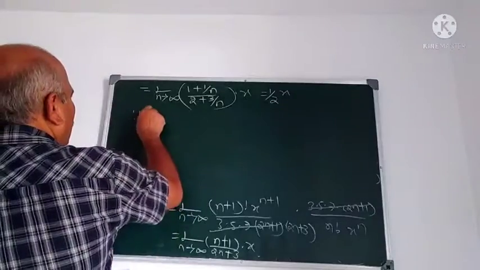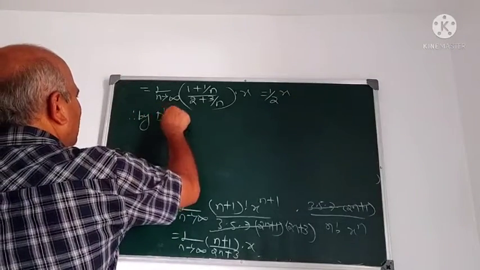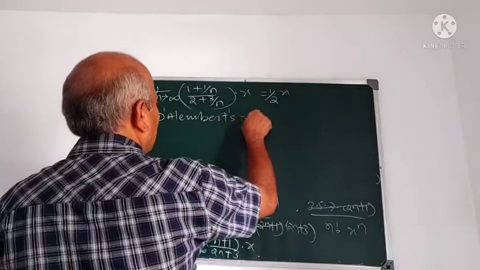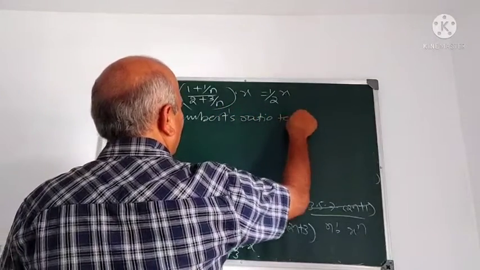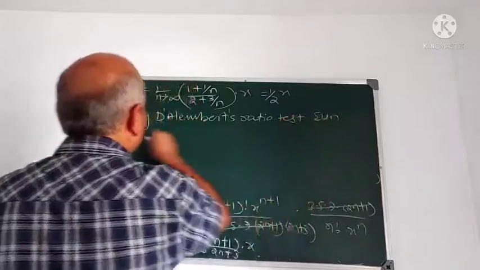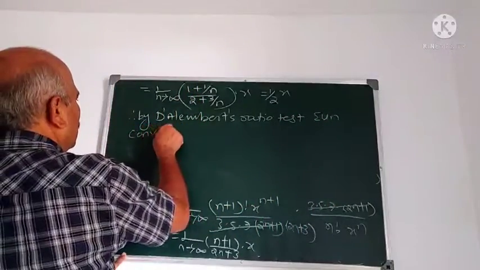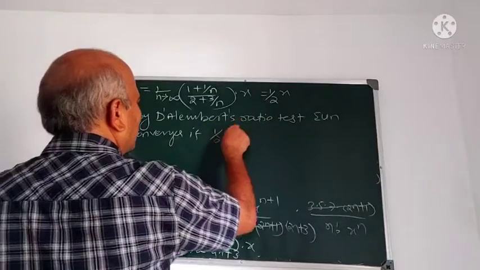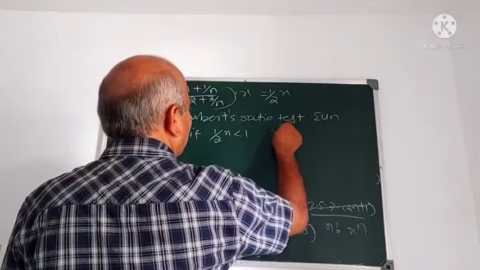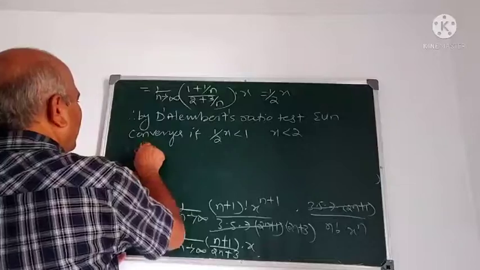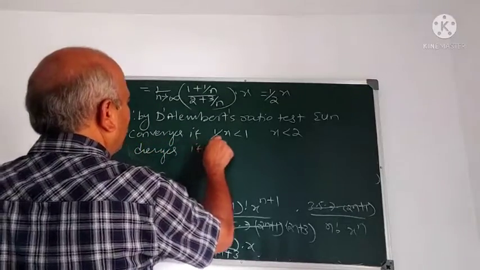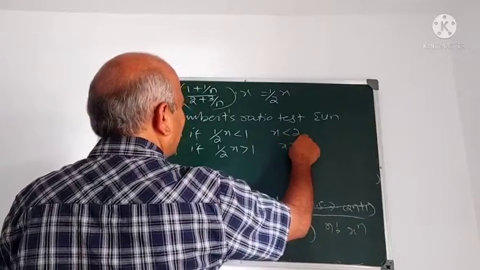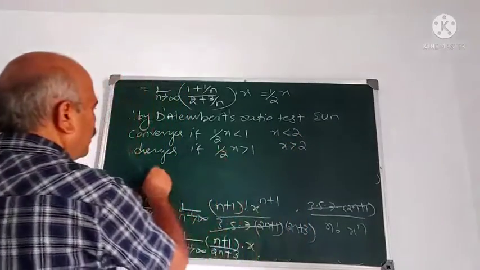Therefore, by D'Alembert's ratio test, sigma un converges if 1 by 2x is less than 1, that is x is less than 2. It diverges if 1 by 2x is greater than 1, that is x is greater than 2.